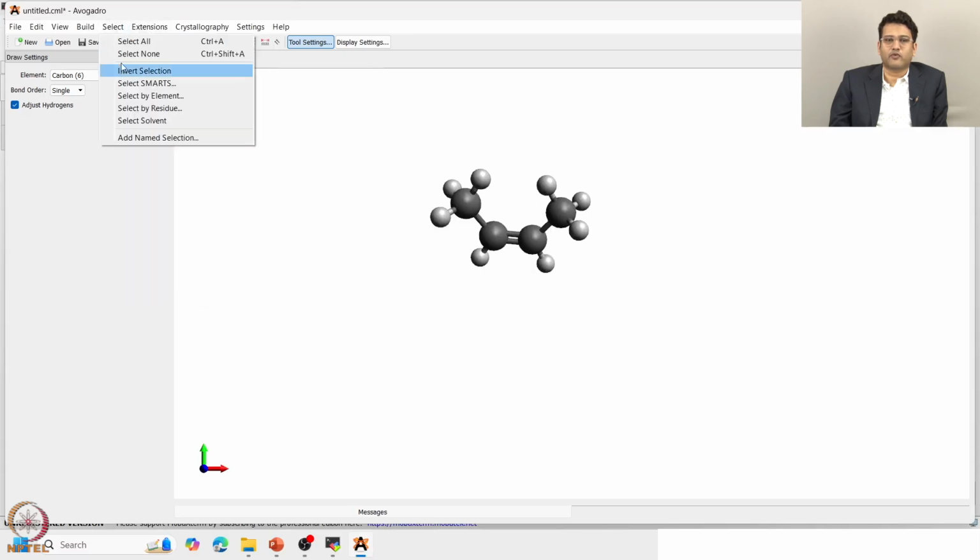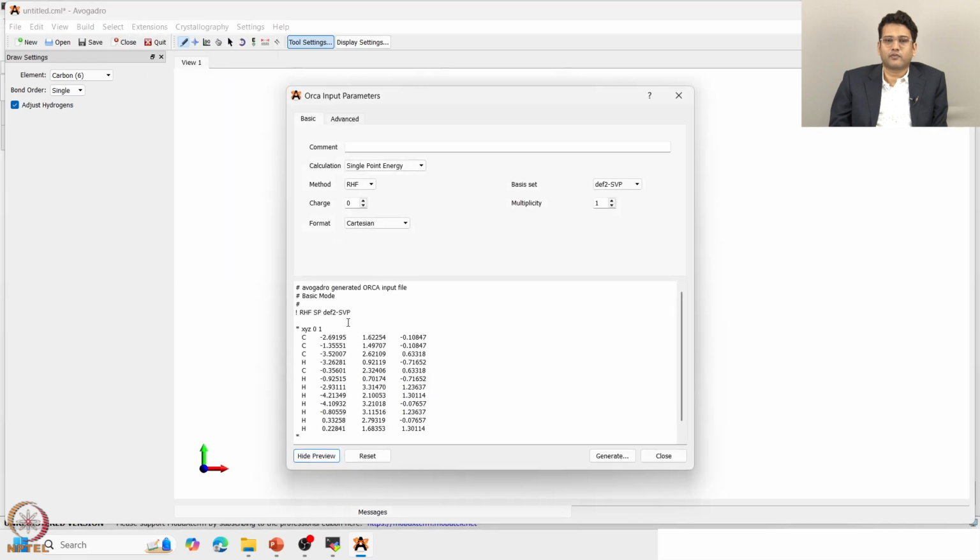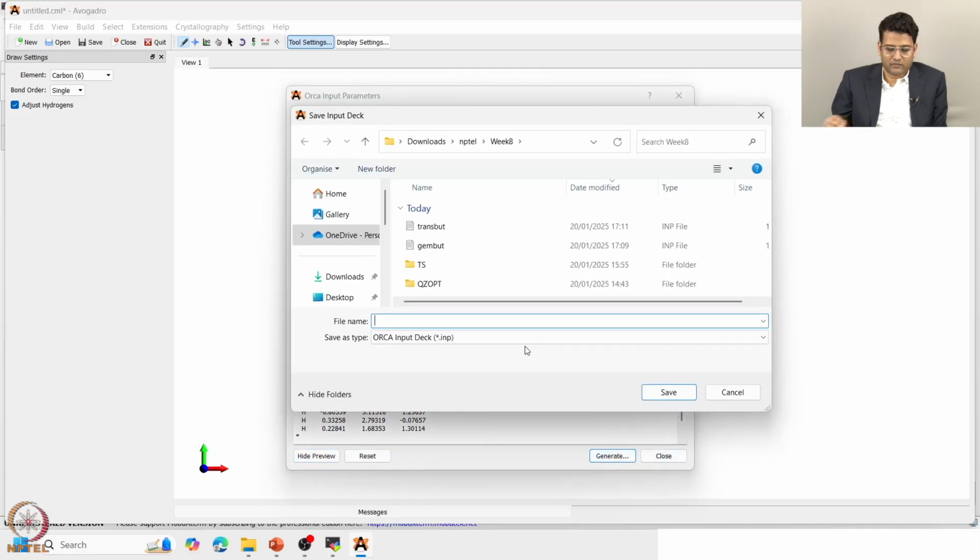Now we can make the input file. RI BP86 opt. This is cis butene.